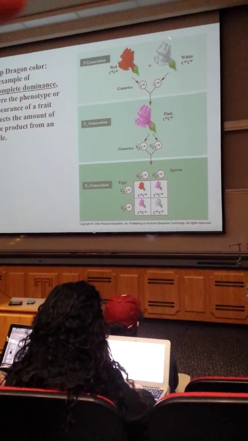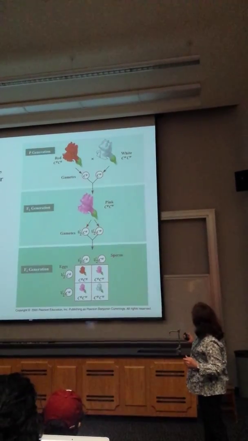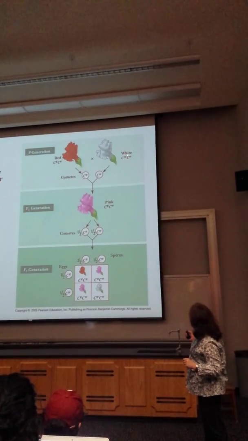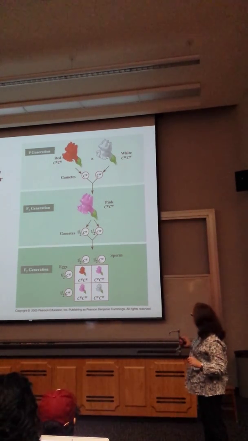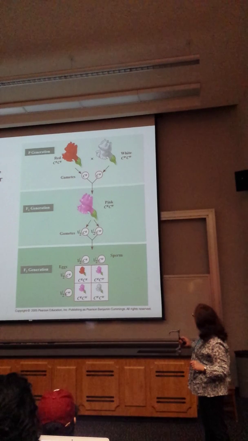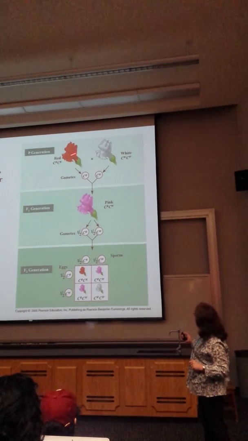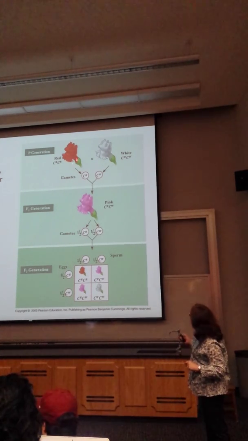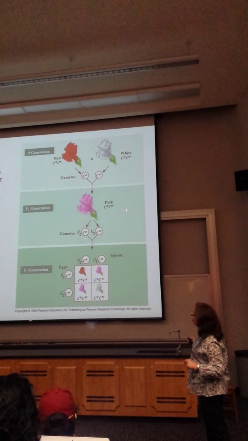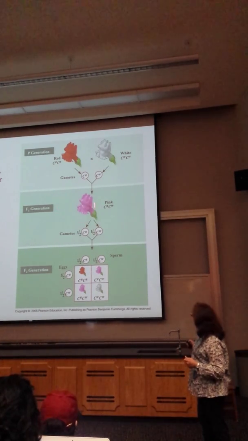Then you have a snapdragon that is white. And basically what we already know about this process is that usually there's a recessive allele and a dominant allele. But in the case of incomplete dominance, when you cross-pollinate these two varieties, instead of getting a red, 3 reds to 1 white, which is what we studied in our last lecture, instead you get a pink.